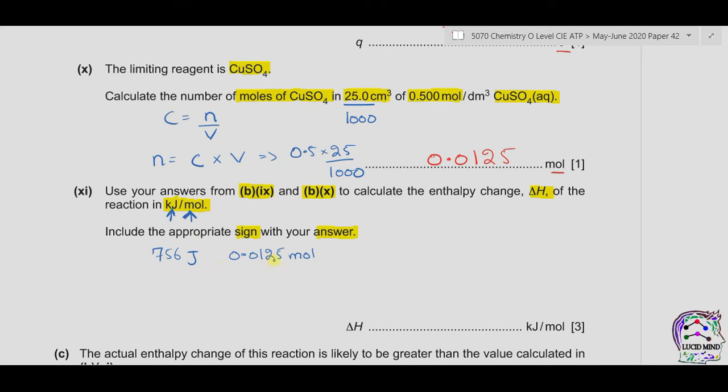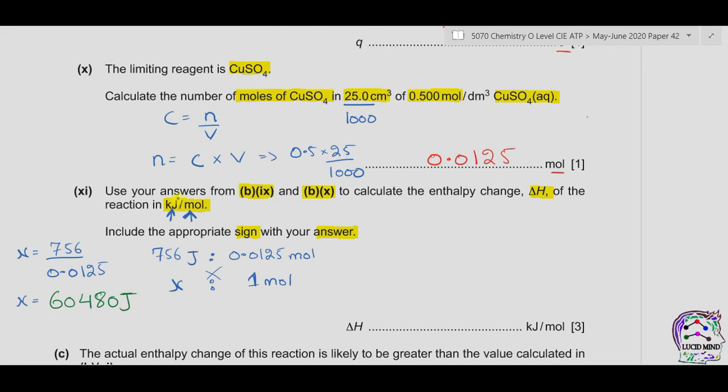So if 0.0125 moles produces 756 joules, then 1 mole would produce, let's say, X joules. By cross multiplying, X is equal to 756 divided by 0.0125. It comes equal to 60,480 joules.